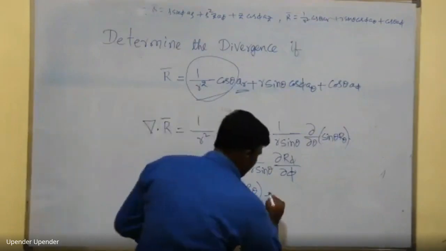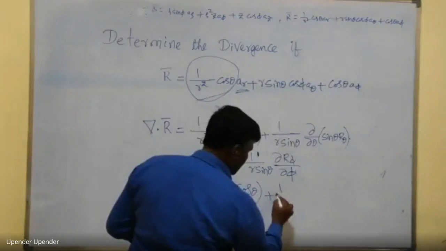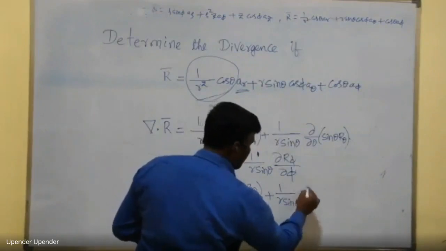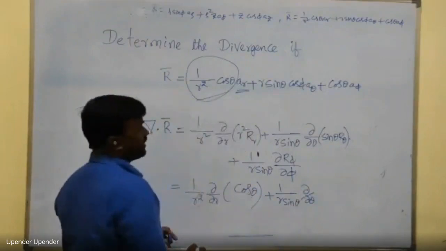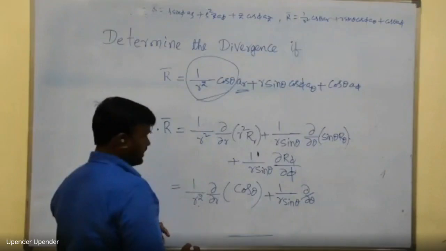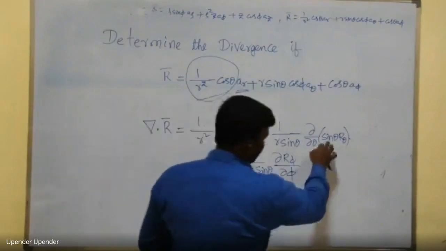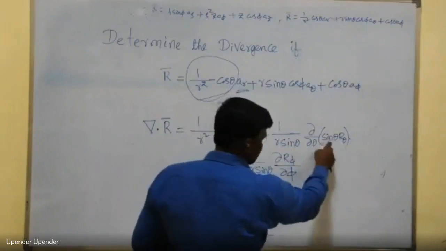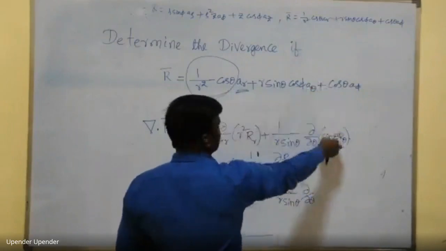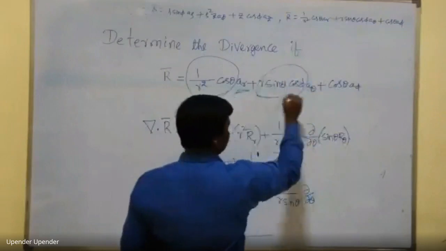Next, move to the second term. That is 1 by r sin theta, dou by dou theta of sin theta into R theta. Already here you have sin theta into the R theta component, which is r sin theta cos phi.